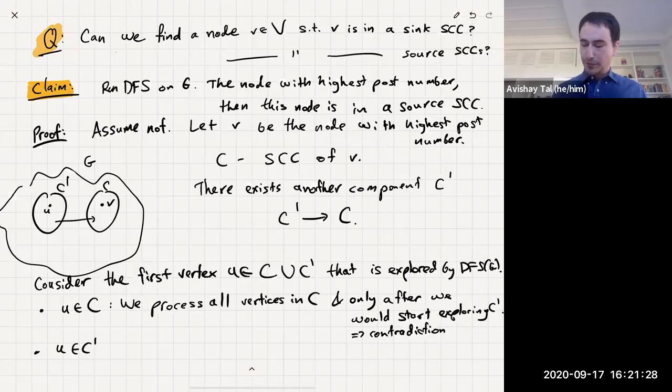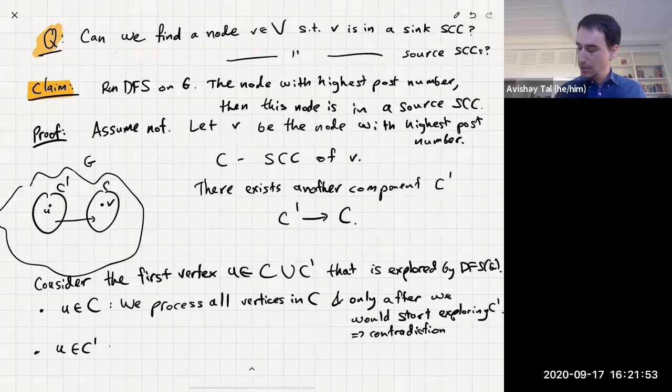What would happen when we visit U? We would explore everything that is reachable from U, right? And we have to explore all of that before we pop U from the stack. So when we start the exploration from U, we would reveal C prime, C, and eventually, after finishing processing all these vertices, we would pop U from the stack.